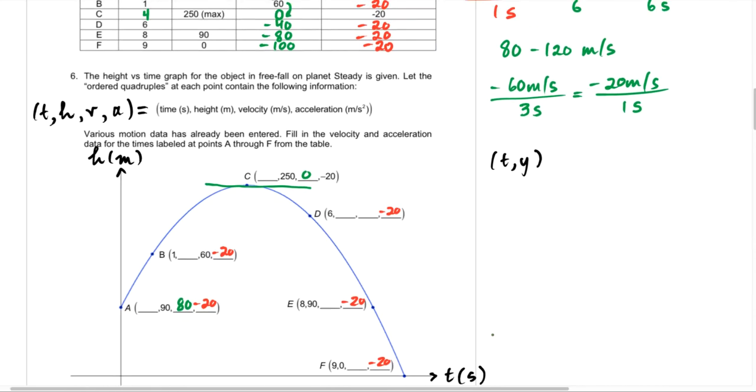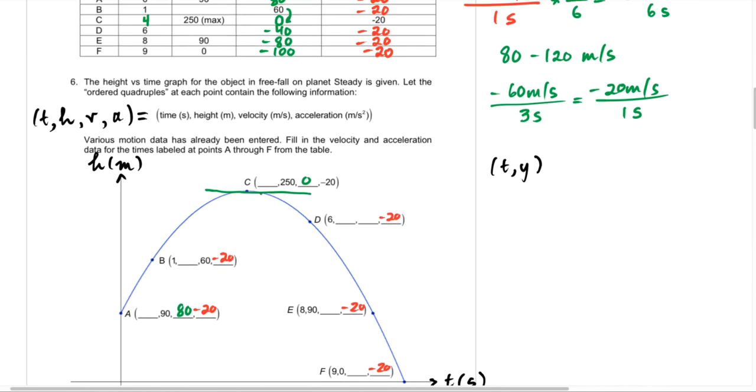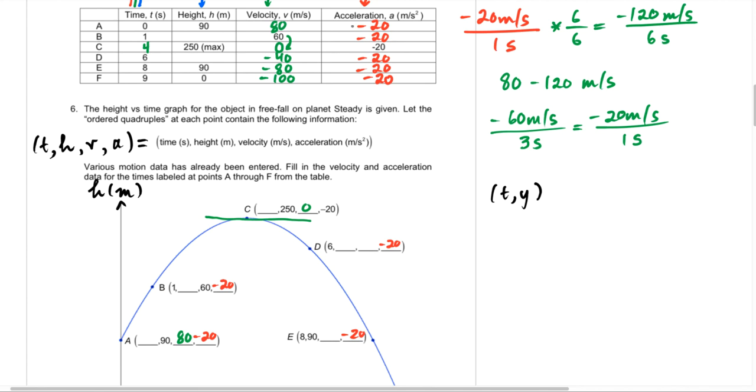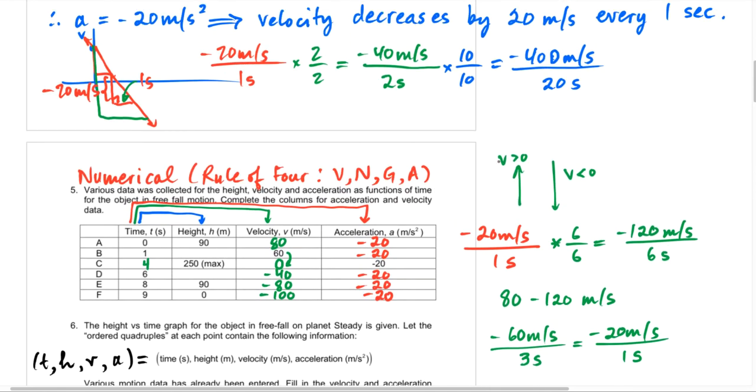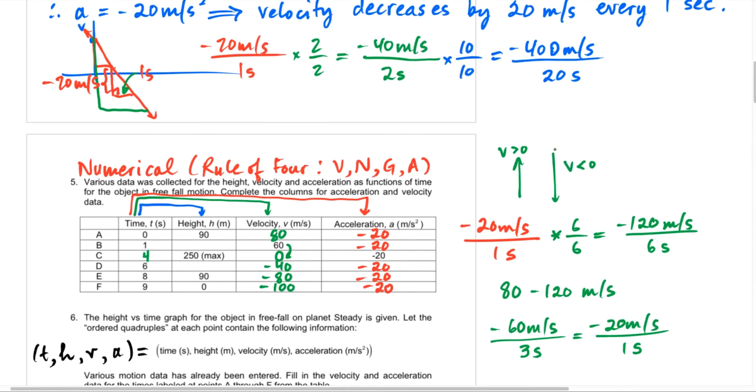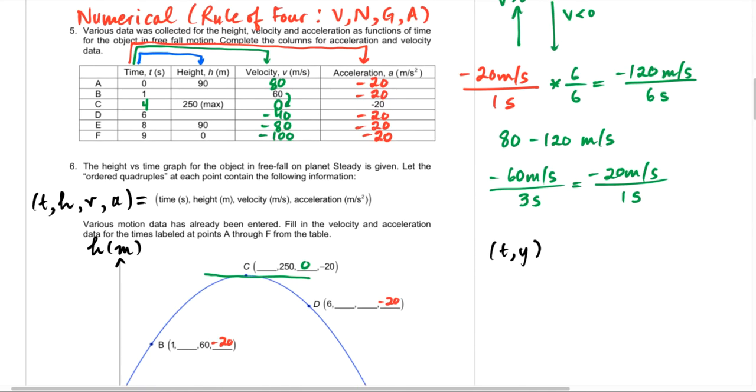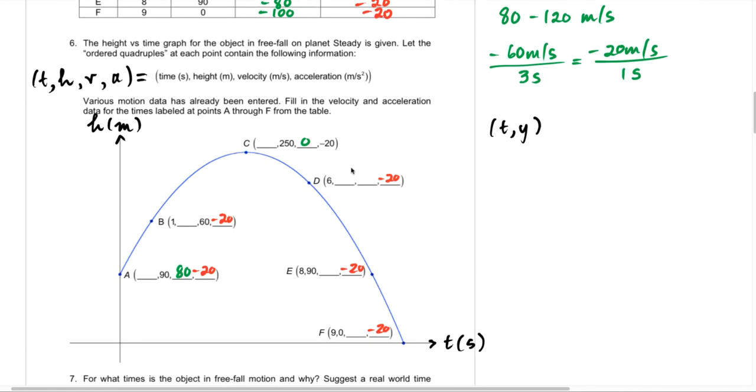And so meters per second with the value of the slope of 0 says that our velocity at this instant is 0 meters per second. Now we found that by recognizing that there is a change in the velocity from being positive to negative when the object reaches its max height. So this is just another interpretation of that. Okay, so we can plug in the rest of the values, negative 40, negative 80, and negative 100.